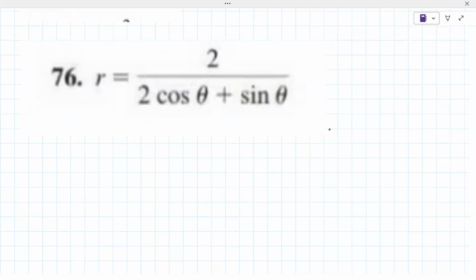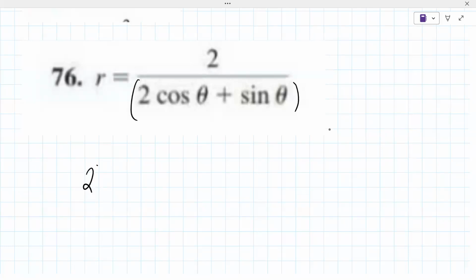So look at this one here. What kind of stands out to you as the first thing you would do? At first, multiply the 2 cosine theta plus sine theta with r.